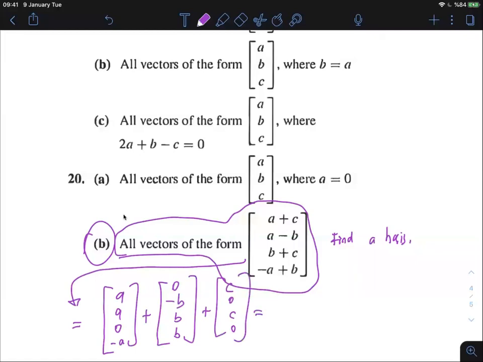And then write A times 1, 1, 0, minus 1, B times 0, minus 1, 1, 1, plus C times 1, 0, 1, 0.